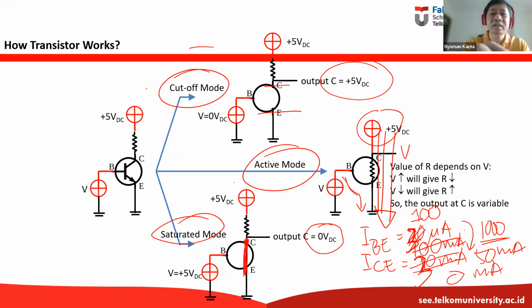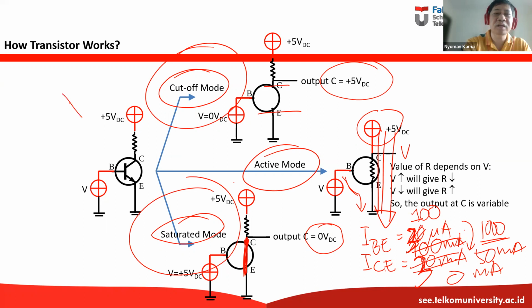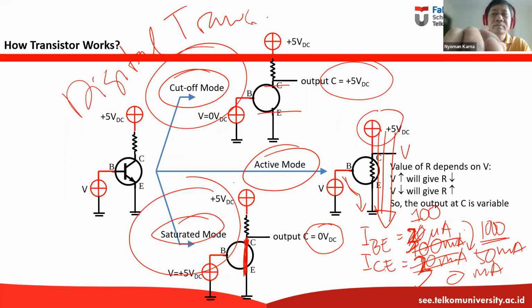Now, this is what we are going to use as a digital transistor. Why? Because in a digital transistor, we need to have a certain voltage for the output.